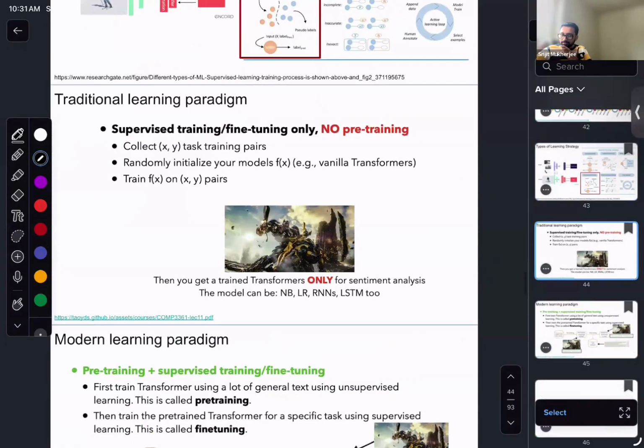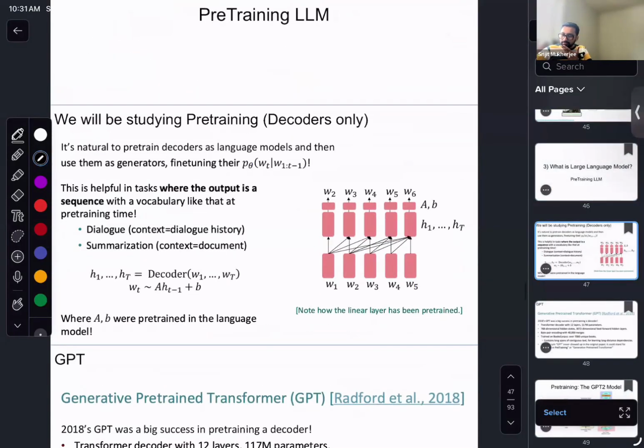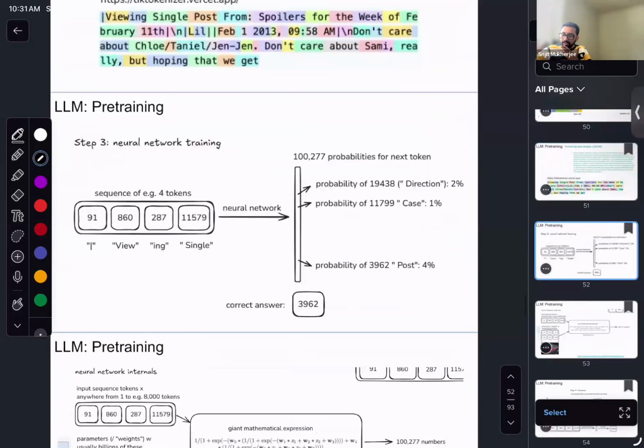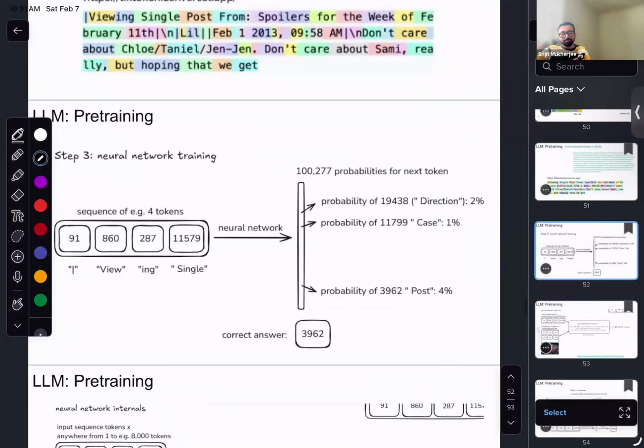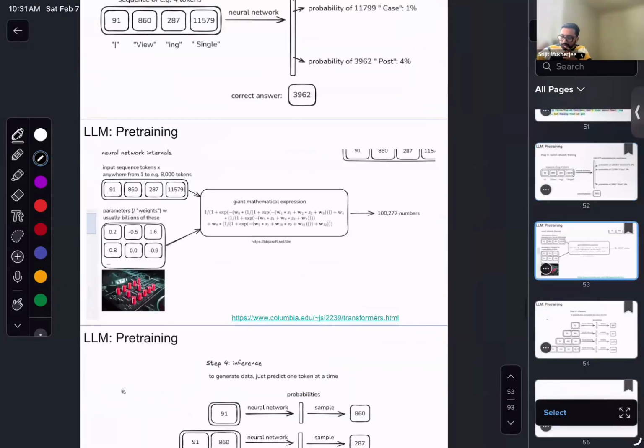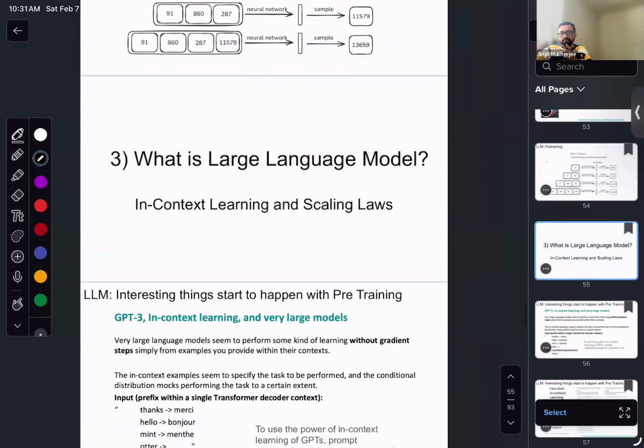I already explained this, what happens here, using diagrams, so you can read through it. Yeah, that's it, guys.